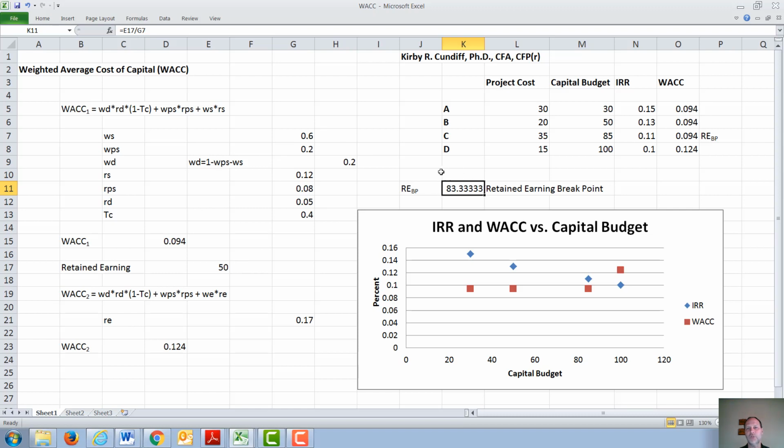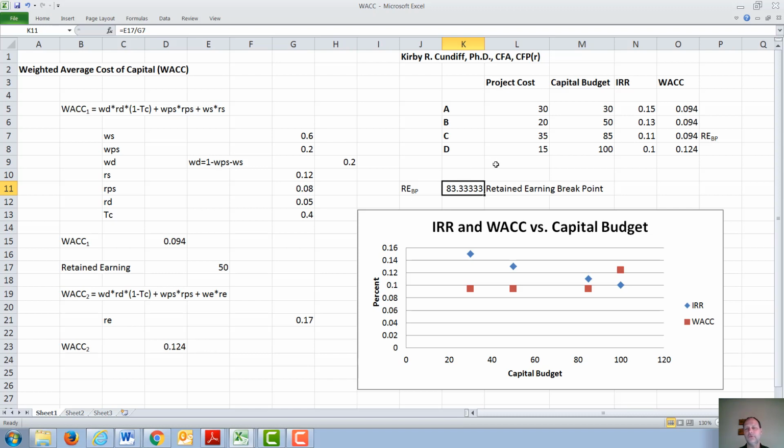This is the point at which a company, if it has a capital budget above this, will run out of retained earnings and have to finance with a new stock issue. So this much can go to retained earnings, and the rest of 83 minus 50, or $33 million, would be financed with debt or preferred stock, and beyond that, you need more equity from another source.